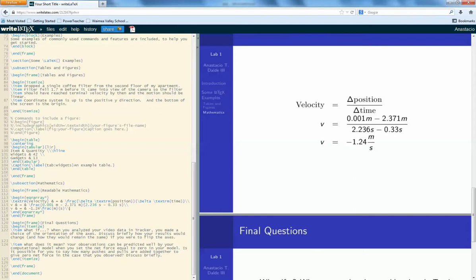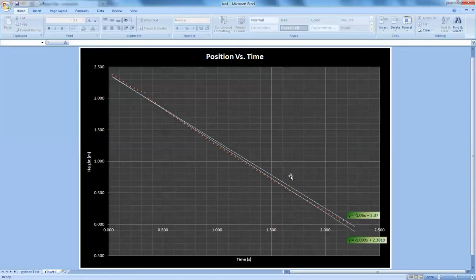I'm doing everything in meters per second, but the reason I think it was a little bit off is that first calculation with the 1.24 meters per second is based off of just the final position and the initial position, and you can see that the line curves off a little bit towards the end. So I think that this measurement is more accurate.